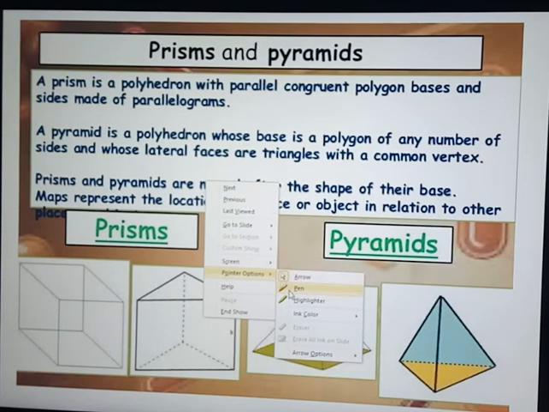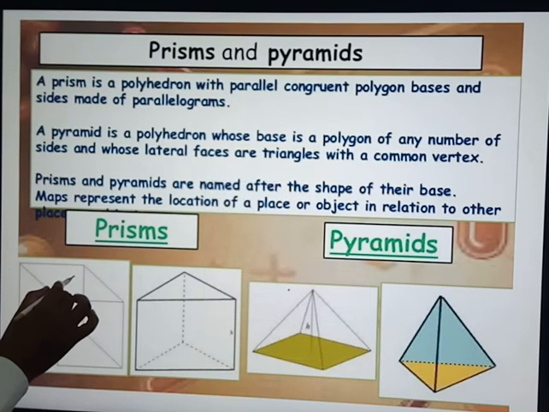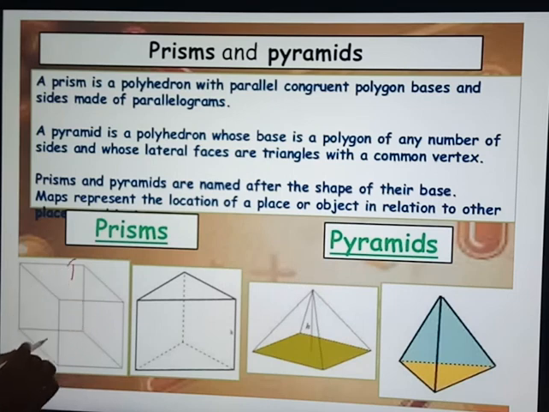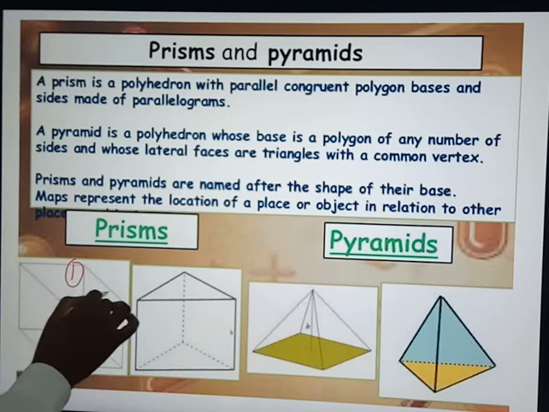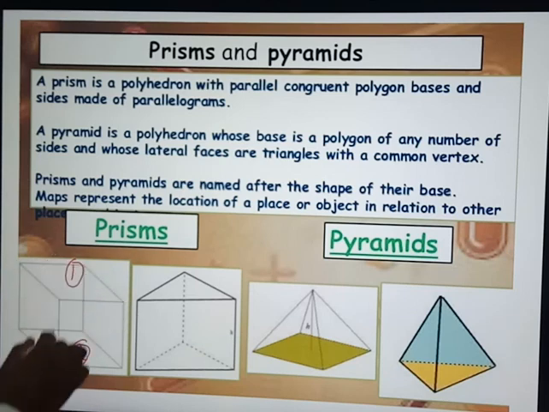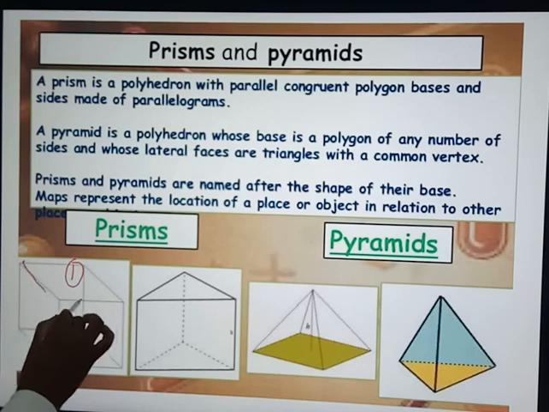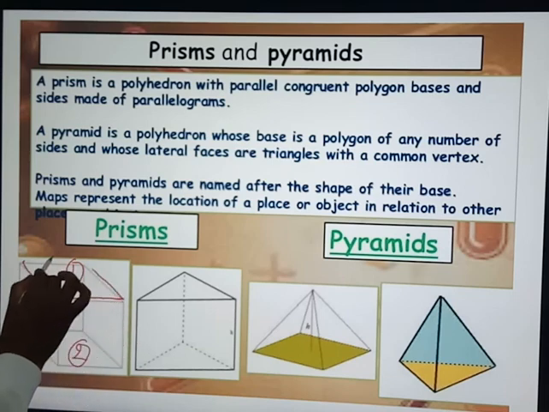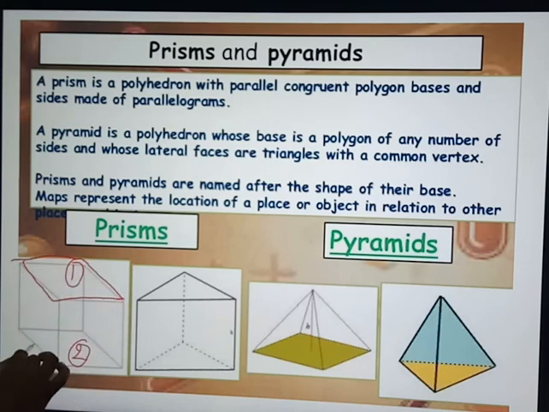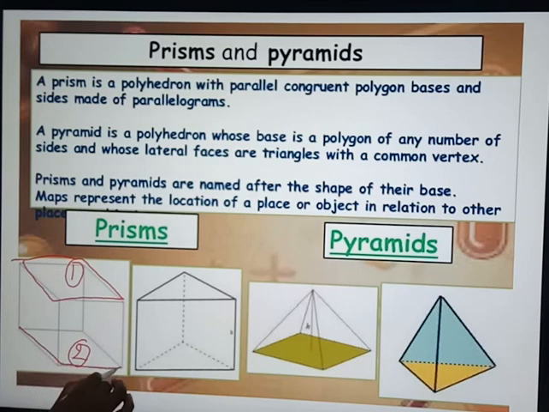This is very important. This is base 1 and the bottom is base 2. Look at the shape of this one: it is a square, and both are parallel. I am highlighting that one. That is one base, and at the bottom we have another. We call them bases.